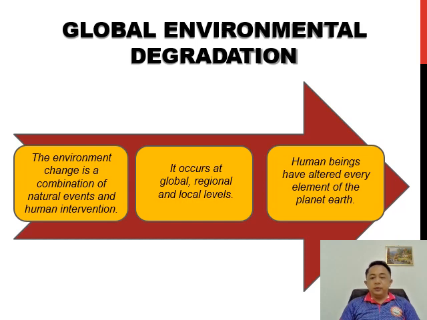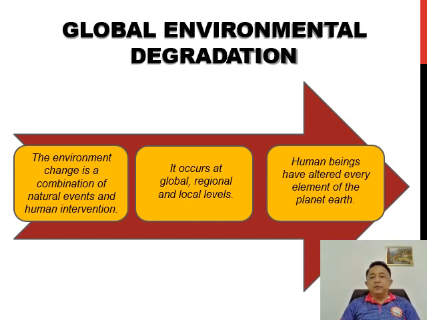But most of the causes of global warming are due to human activities, or what we call human intervention. This degradation of our environment does not only occur locally, but also in a wide part of our planet. So it is already global, regional, and local.